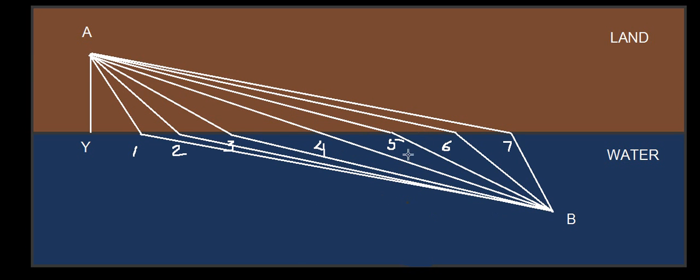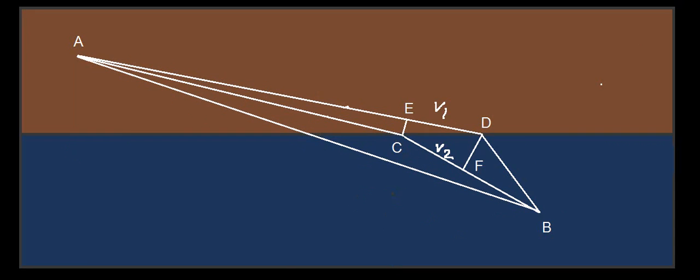Let us consider such points on this shoreline. These are the 2 points on the shoreline, C and D, and the distance between C and D is very small.